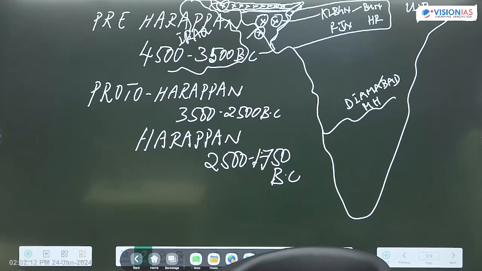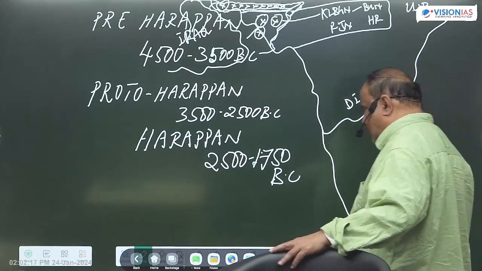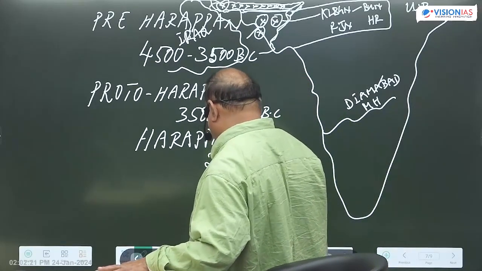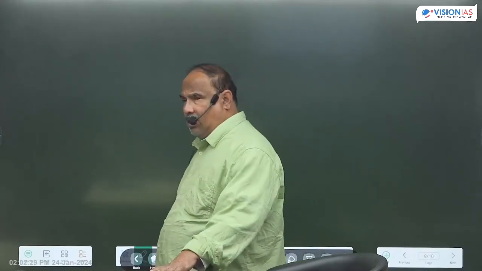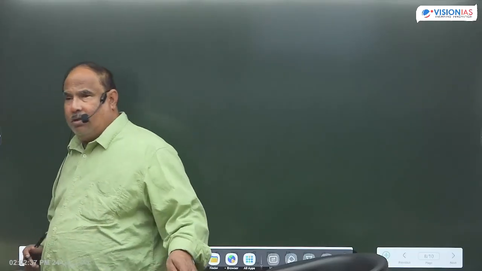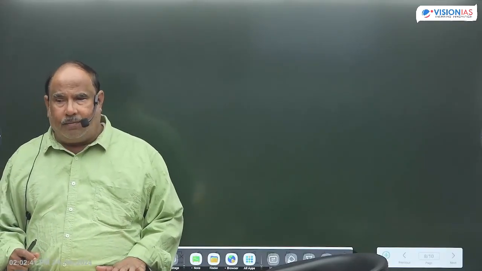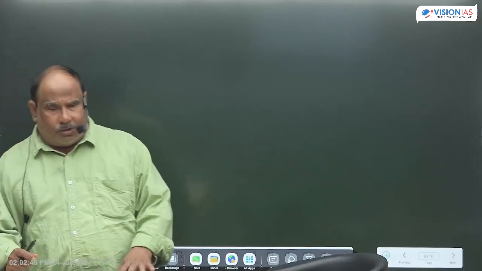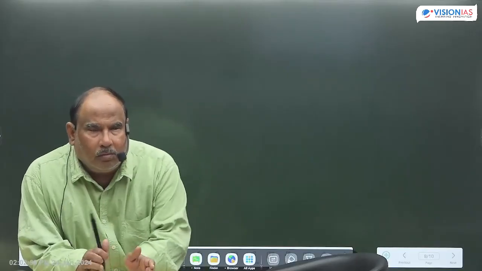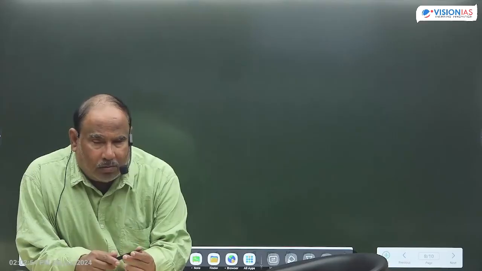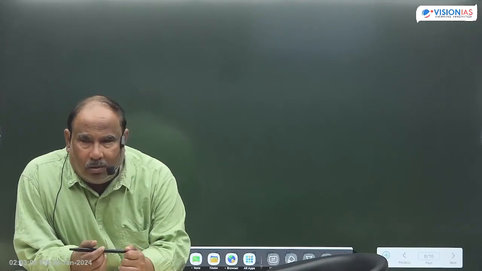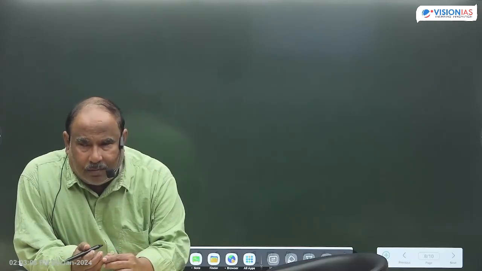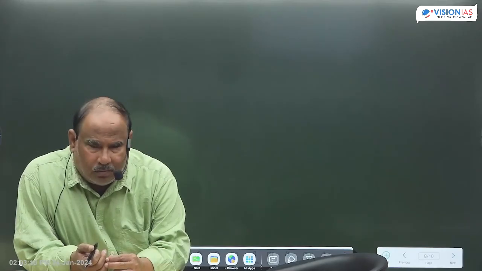It was British engineer Charles Mason, C-H-A-R-L-E-S, M-A-S-O-N, the first to notice the ruins of Mohenjo-daro in 1826. Next.